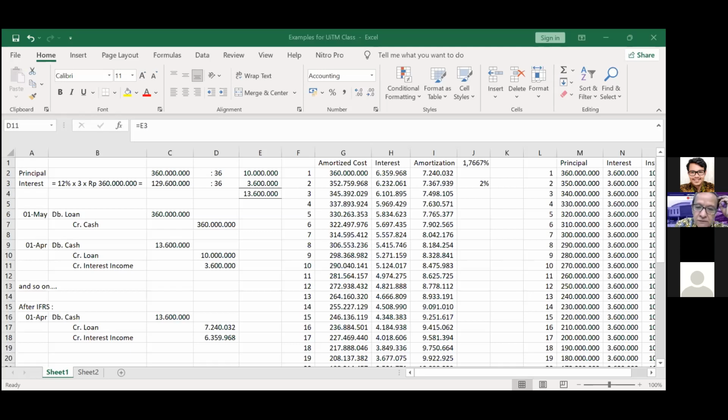Because of this, we have to make an anticipation. Since IFRS 9, when we make a loan, say on 31st December, Q1, we make this loan. Then when we make the loan, at that time, we have to make an anticipation. Anticipation of what? Anticipation of what will happen 1 year after this.